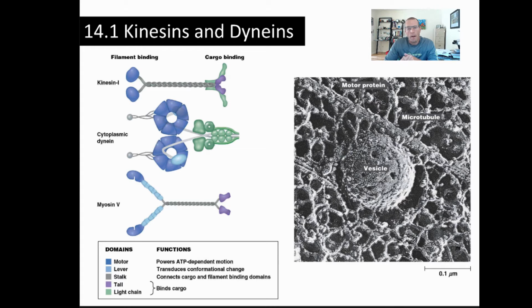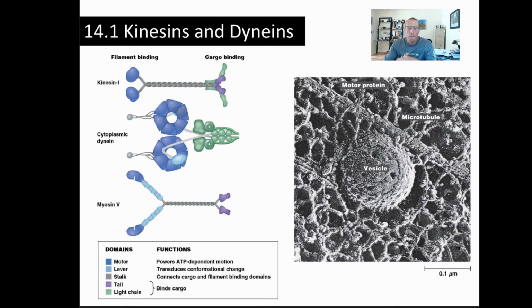That involves the packaging of proteins into vesicles for transport. Then the vesicle is attached to a motor protein, and the motor protein walks along a microtubule towards the plus end. You can also see organelles being moved along microtubules through the axoplasm of a neuron. That's the cytoplasm of an axon, and that can go at rates of up to 2 micrometers per second.